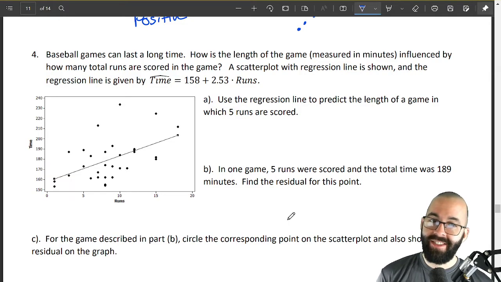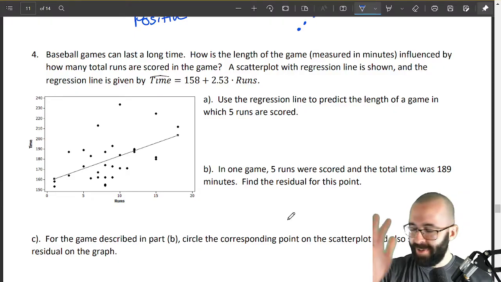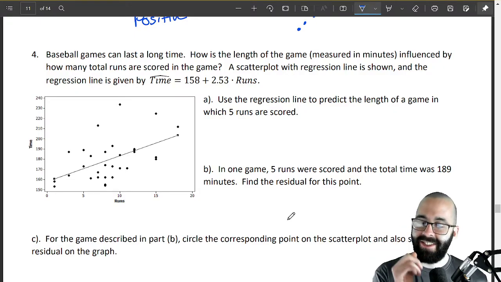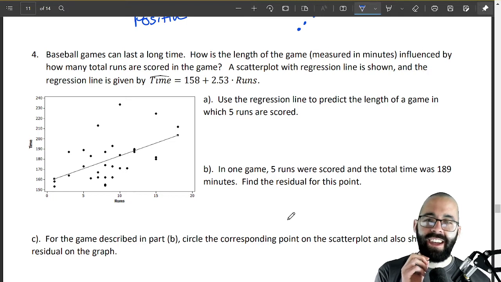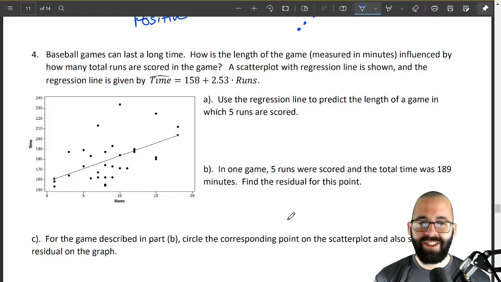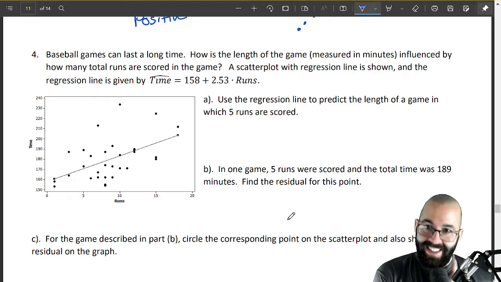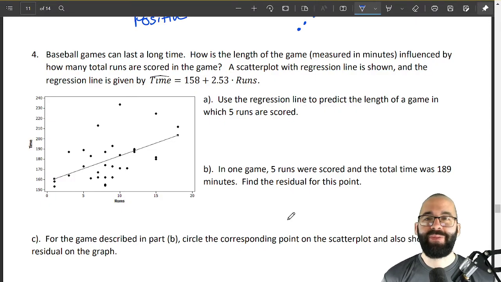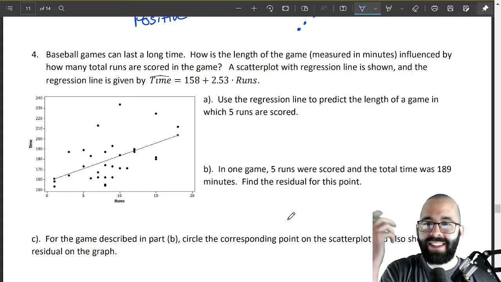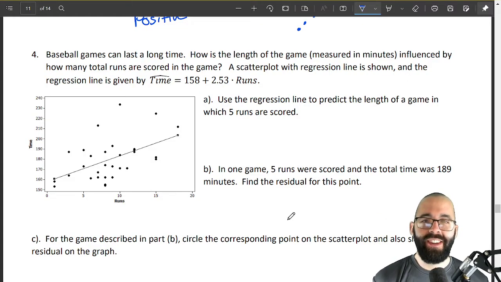If there are 0 runs, you have 5,000 innings, but your personal feelings aside, Jason, it doesn't look like we're looking at any data point. Well, I guess you literally can't have 0 runs at the end of the game, right? Someone has to score eventually for the game to end. I don't remember how baseball works. Anyways, don't know basketball, don't know baseball. Hopefully these are applicable to some of you.